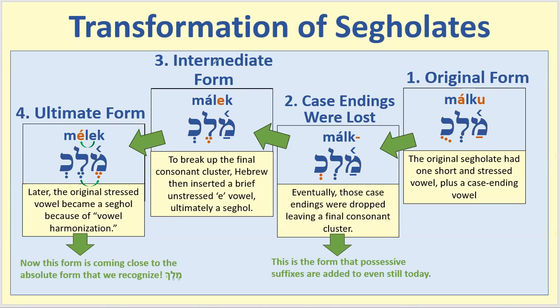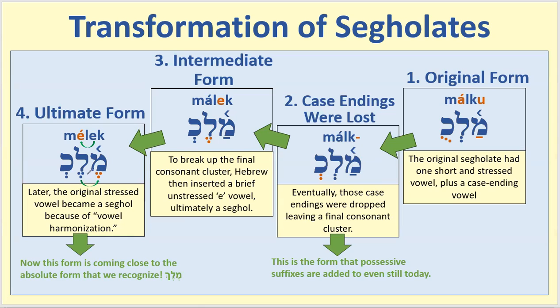which then in the next stage gives us this intermediate form of malech. In fact, this form right here is parallel to what we see in what are called pausal forms of segolates in the Bible. Of course, in the pausal form, it will be spelled with a kamatz, but it still preserves the a vowel in malech.